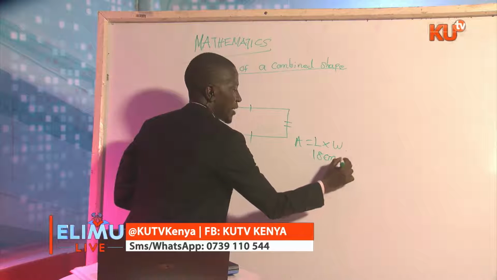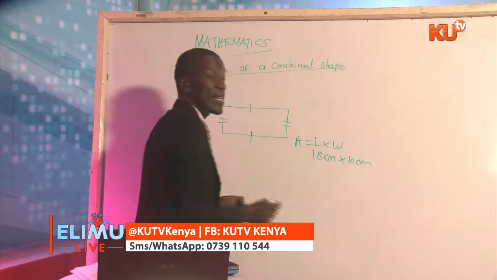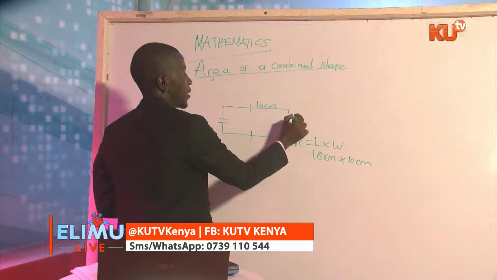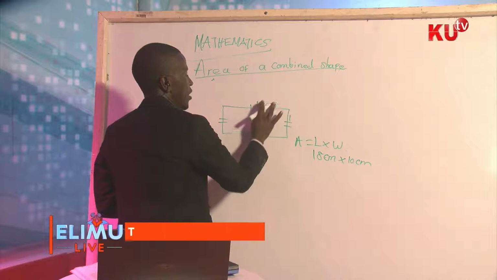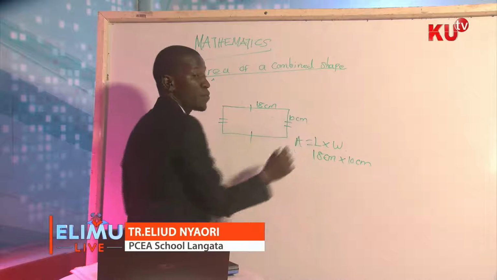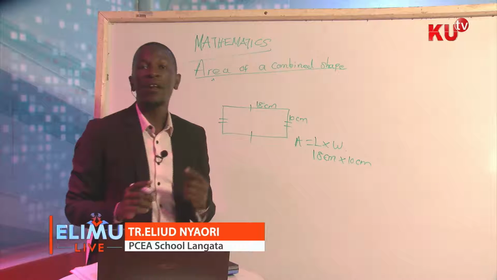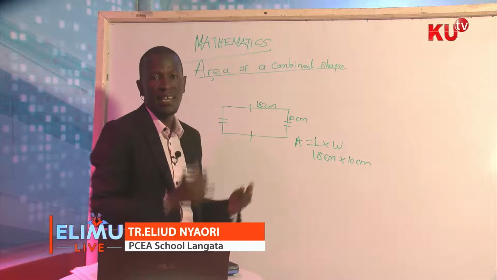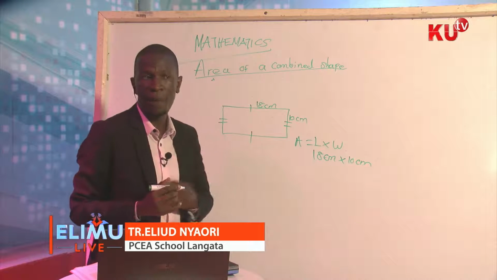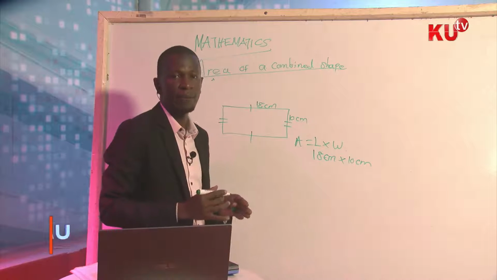So we have 18 centimeters times 10 centimeters. And remember, the opposite sides are equal, so you only pick one of the opposite sides. Don't say 18 times 18, then 10 times 10. Pick 18 multiplied by 10.